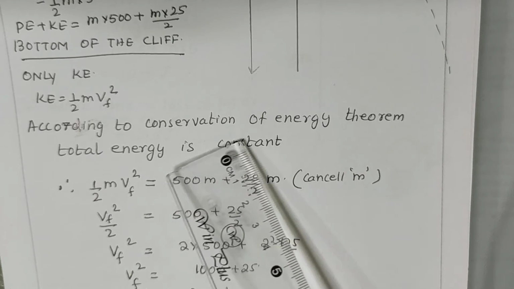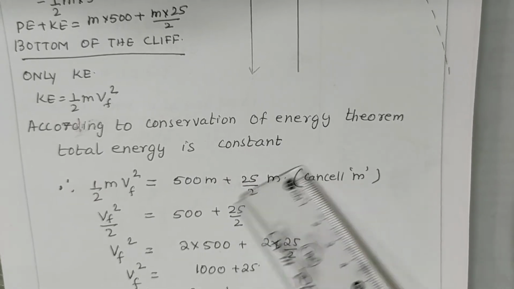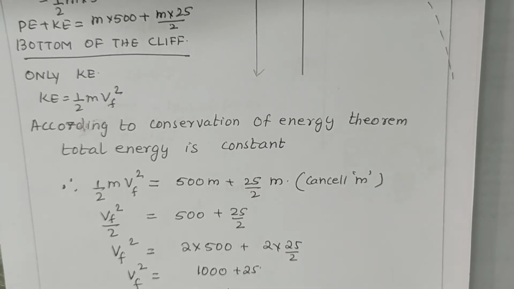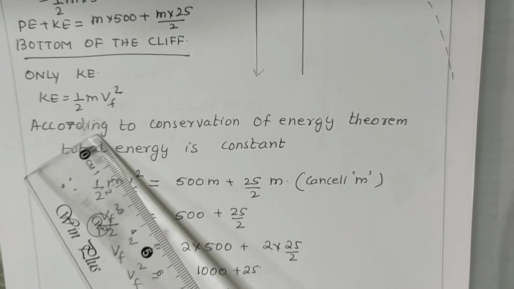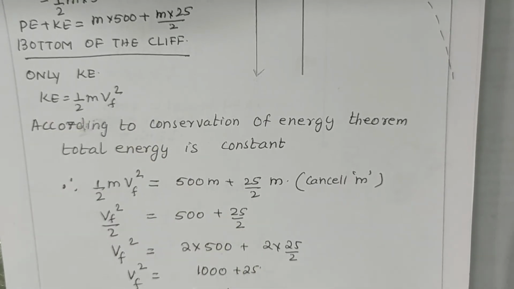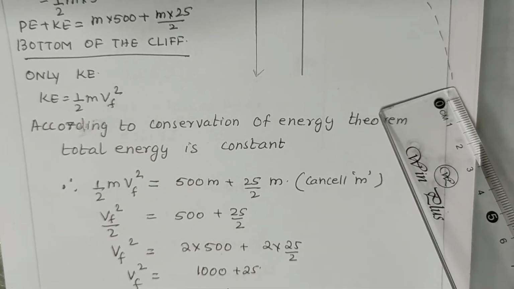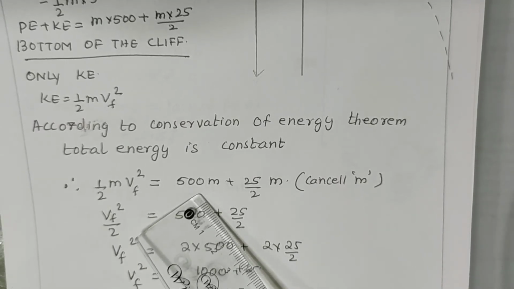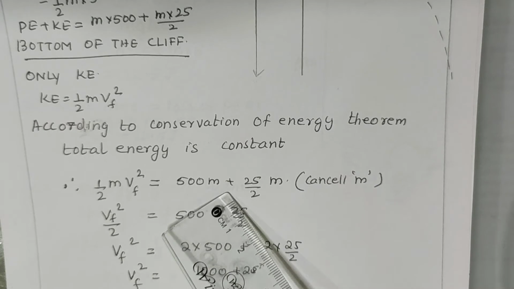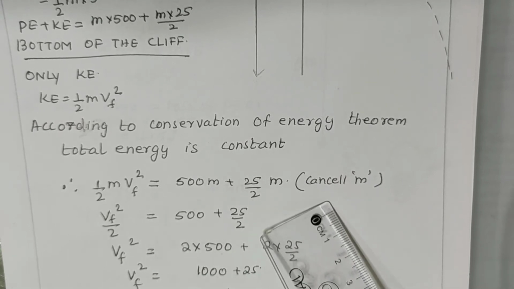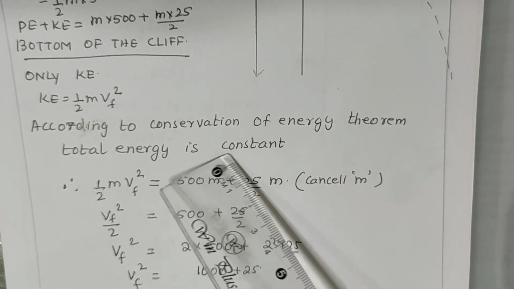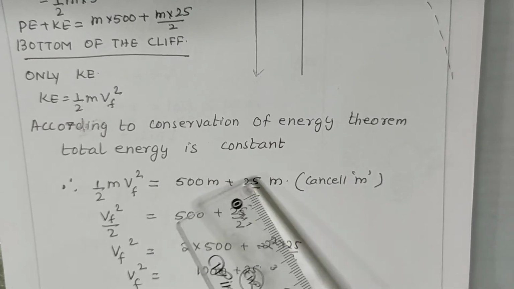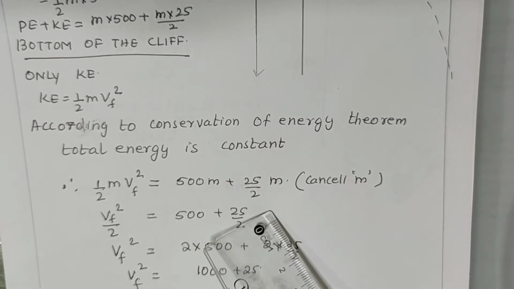So according to the conservation of energy theorem, total energy has to be constant. So half m vf square is the kinetic energy it has, which is 500 m plus 25 by 2 m. That is the sum of the energy it has at the top of the cliff.